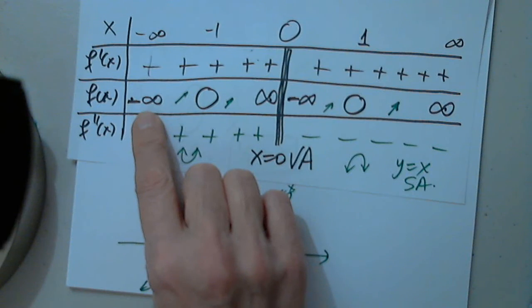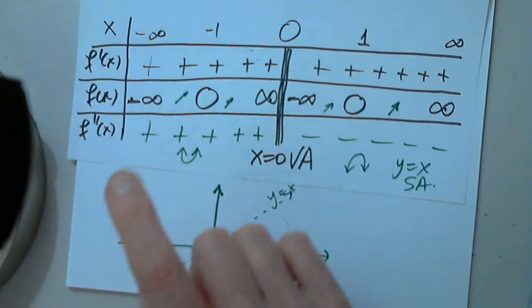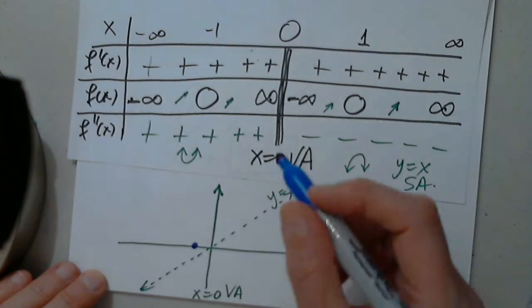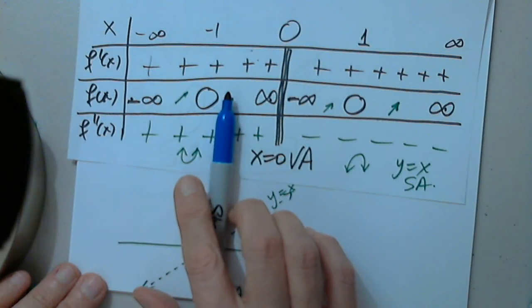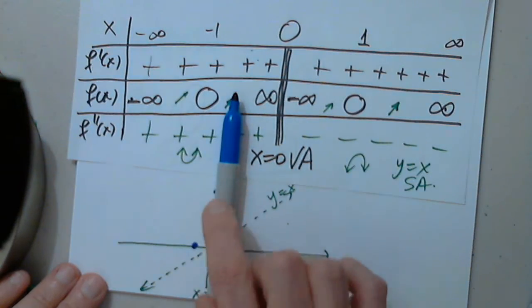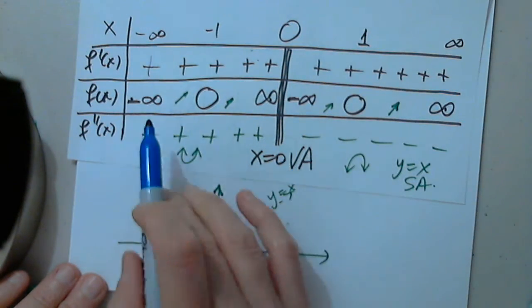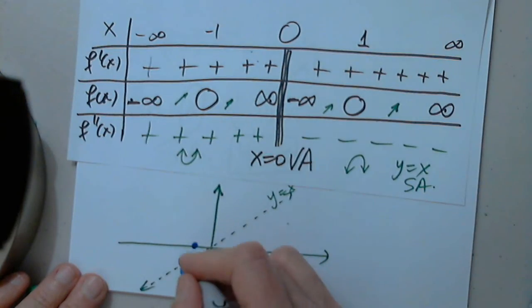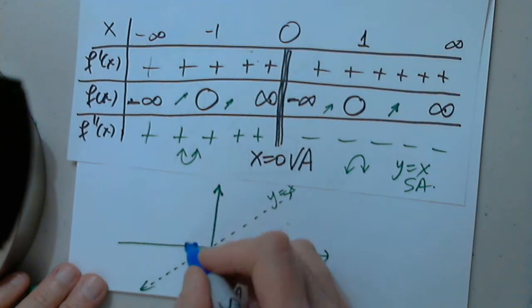From approaching negative infinity, cross at negative 1, 0, and go to positive infinity on the left-hand side of the vertical asymptote. From approaching the slant asymptote, cross at negative 1, 0, and go to positive infinity.